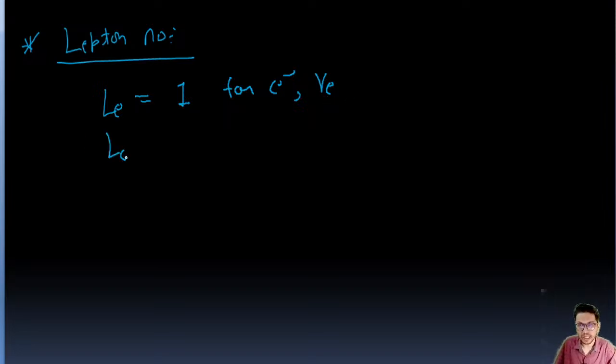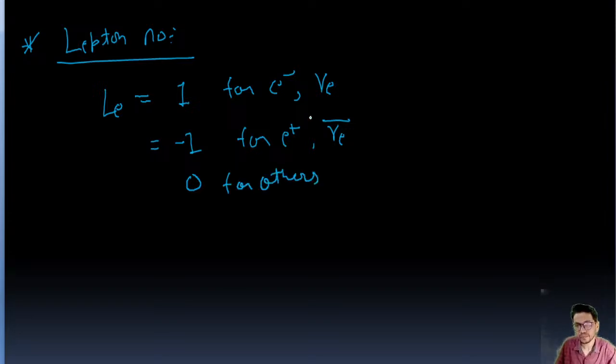And lepton number is going to be -1 for the antiparticle of electron, that is e plus, and the antiparticle of neutrino, that is nu e bar. And this lepton number is going to be 0 for others.